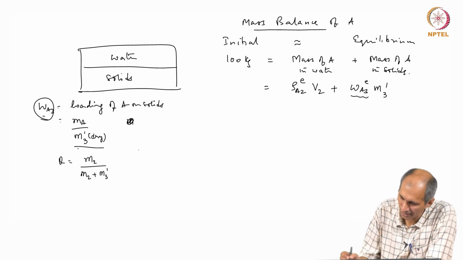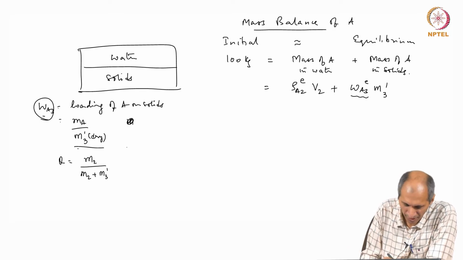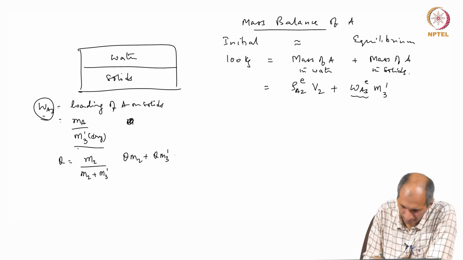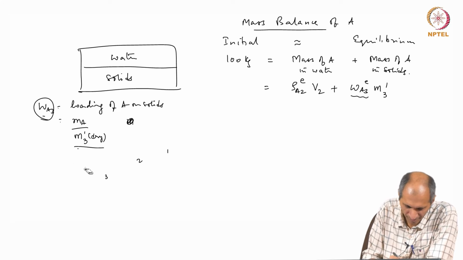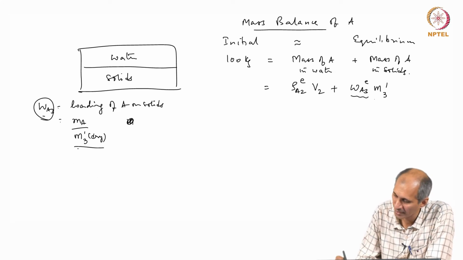Now, we want the M3 dash in terms of the moisture content. We do not want M2 here anyway, so we will calculate it the hard way. This is the definition, we will leave it like this.